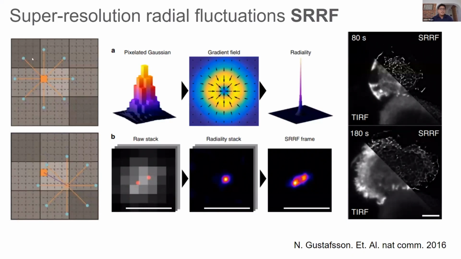Picture that you are selecting only 3 pixels on the original image, and then you apply this operator, which is the first derivative, to find the gradient fields or the radiality maps, as they are referred to.